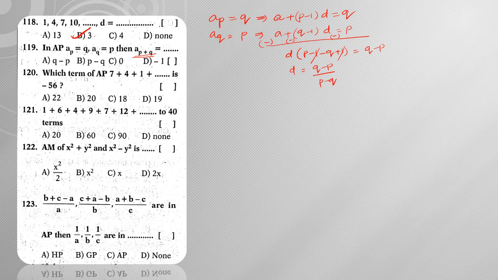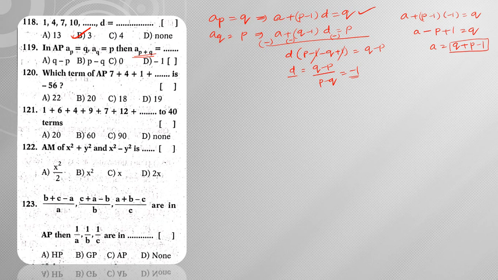So q minus p and p minus q cancel, giving minus 1 times. So clearly d is equal to minus 1. When d is equal to minus 1, if you substitute in any one of the equations, what am I going to get? a plus (p minus 1) into d, where d is minus 1, is equal to q. So from this, a minus p plus 1 is equal to q. So a is equal to q plus p minus 1.